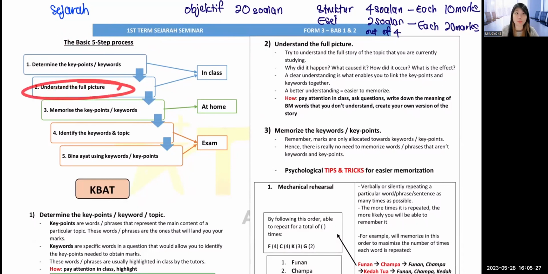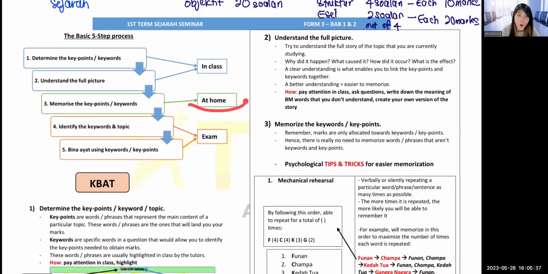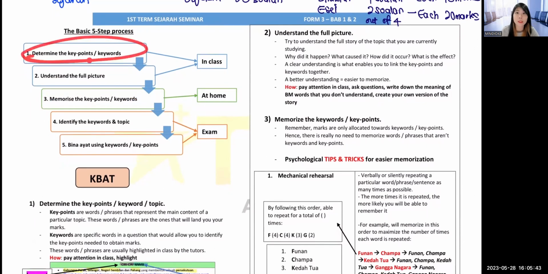After that, in class, you need to know the key points for your answer. In exam questions, all the answers are the key points. Then at home, after class, you practice memorizing the key points you already went through in class.